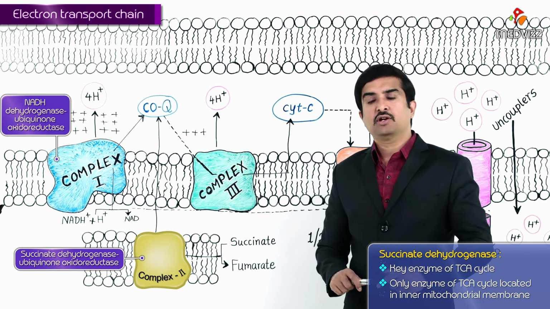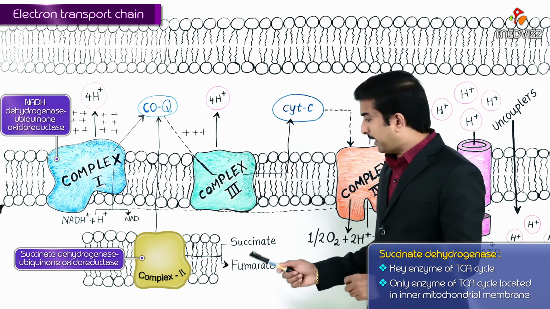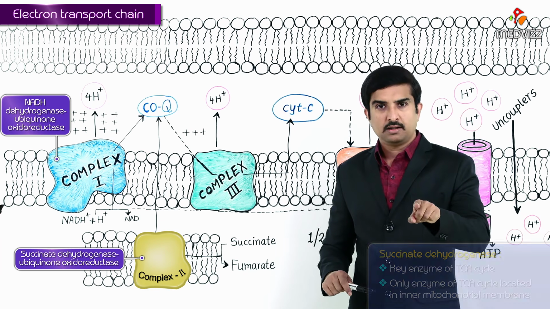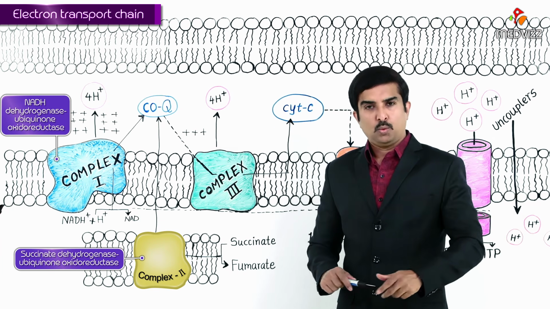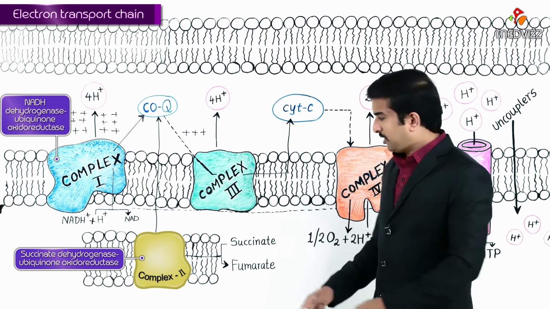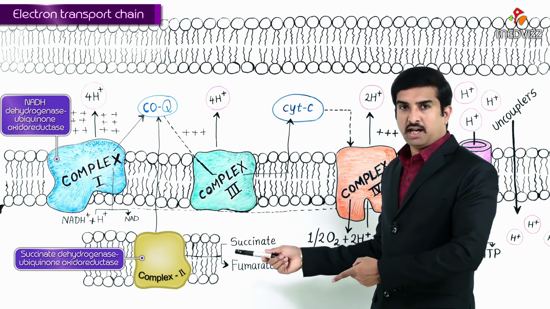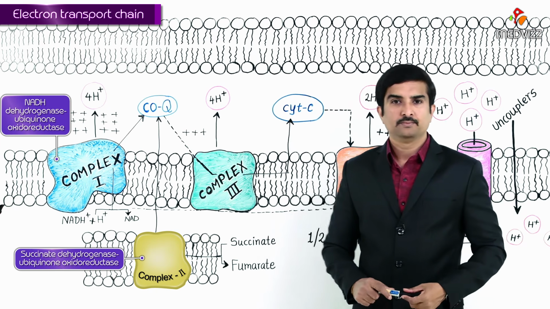All other enzymes of the TCA cycle are located in the mitochondrial matrix, because the only enzyme of the TCA cycle, which is succinate dehydrogenase, is taking part in the electron transport chain by means of complex 2.